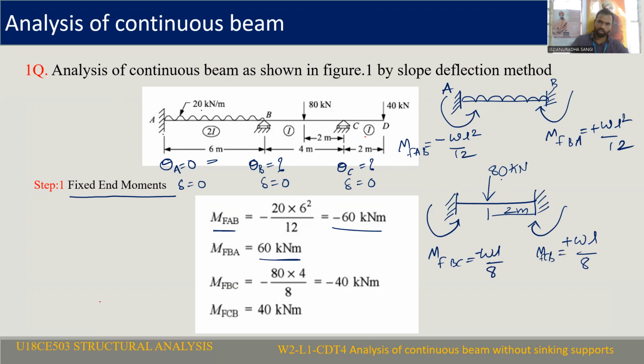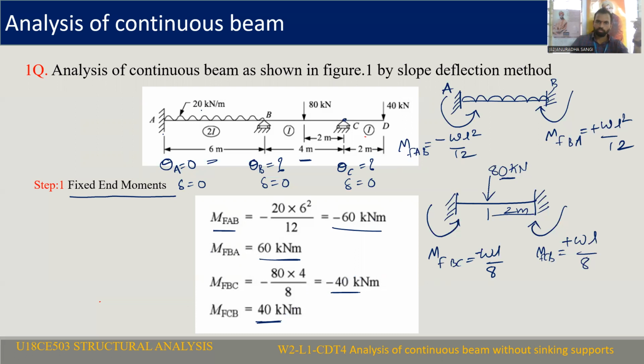Substitute W is equal to 80 and L is equal to 4, actually. You're going to get MFBC is equal to minus 40 and MFCB is equal to plus 40 kilonewton meter.